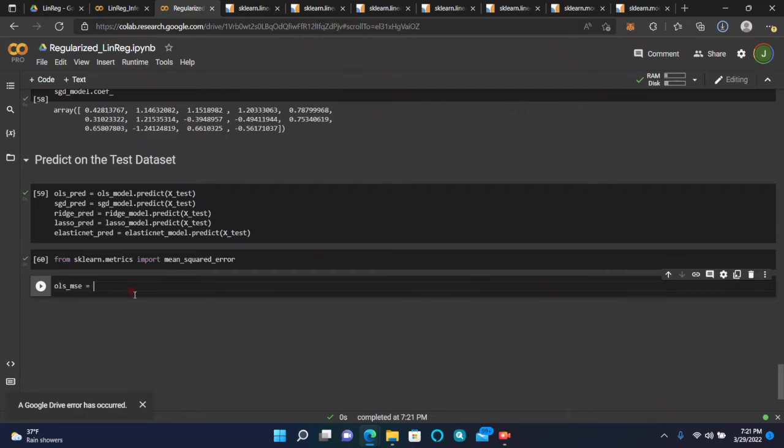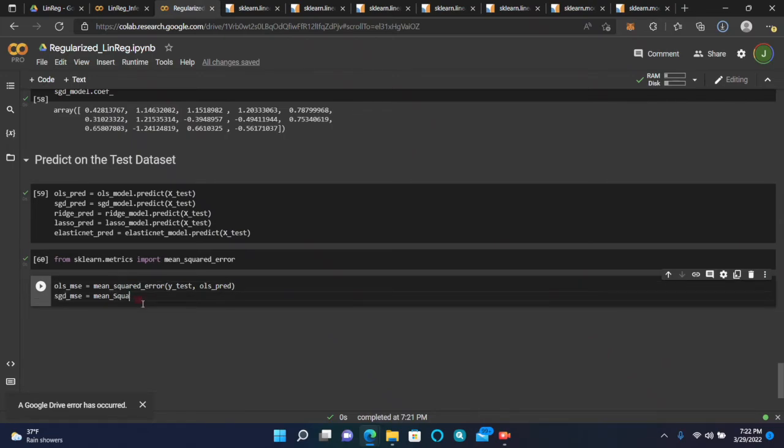Okay, OLS MSE is going to be the mean squared error of y-test, the true value, and the OLS predictions. And SGD MSE is going to be the mean squared error of the y-test and the SGD predictions, and so on.